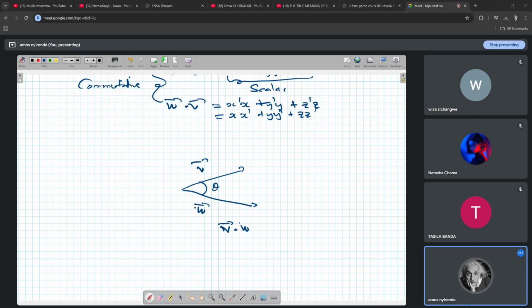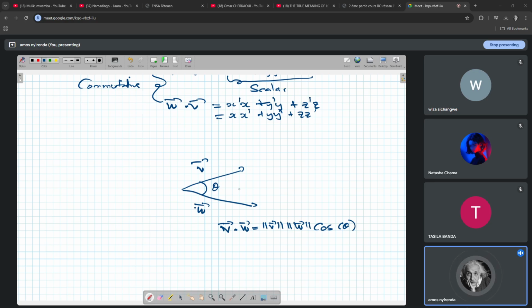V dot W is going to be equal to la norme de V multiplied by la norme de W, and then cosine of whatever angle is in between. That is how I would have calculated the dot product.